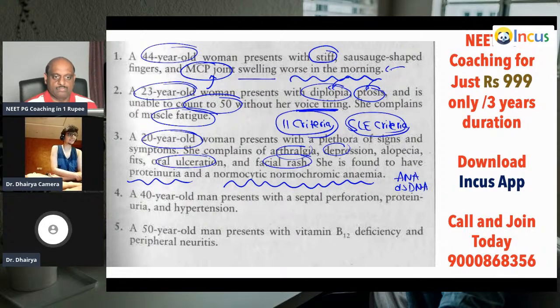Already 4 of the criteria are fitted. Along with that, we have proteinuria, which is suggestive of lupus nephritis, and we have an anemia, which fits into one of the hematological criteria. Overall, this patient fits at least 6 criteria. Just looking at this small history, this is definitely diagnostic of lupus. I recommend everybody go back and read through the SLICC criteria for lupus.